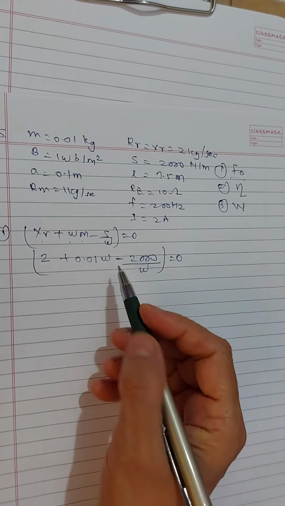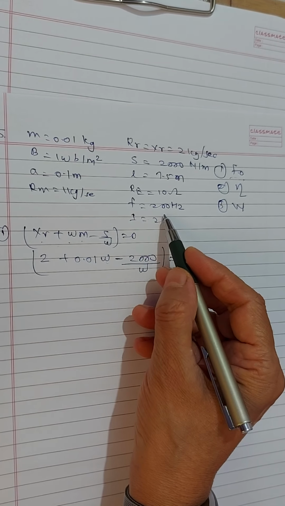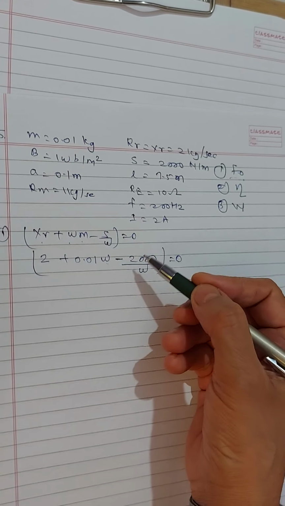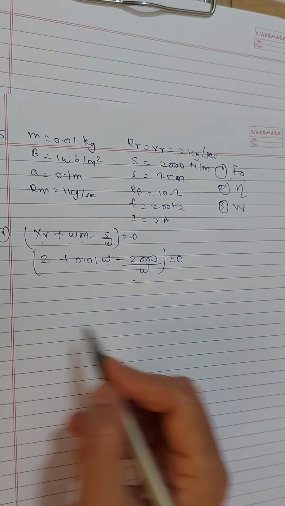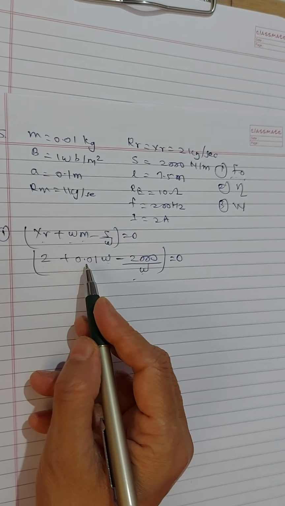In this case, we can't do omega is 2 pi f, because we can't directly use 200 Hertz and get the frequency. So you need to use this condition to get the answer. If I simplify this equation, what will I get? This is omega over here, so I multiply here and over here.